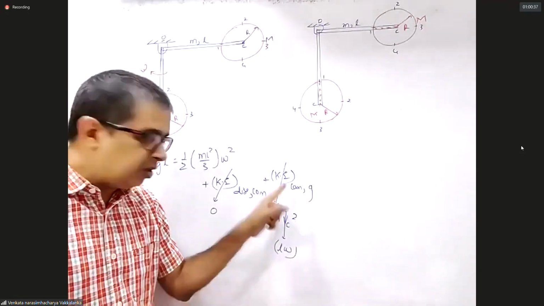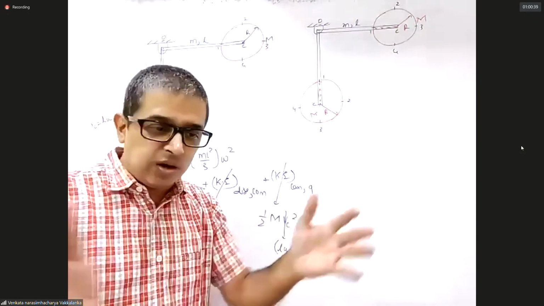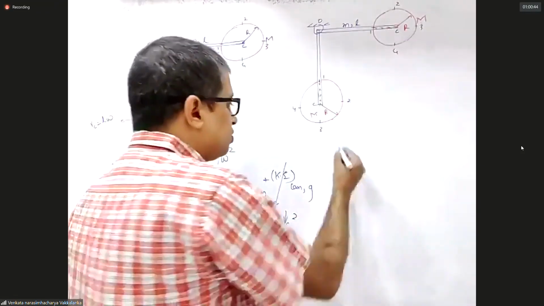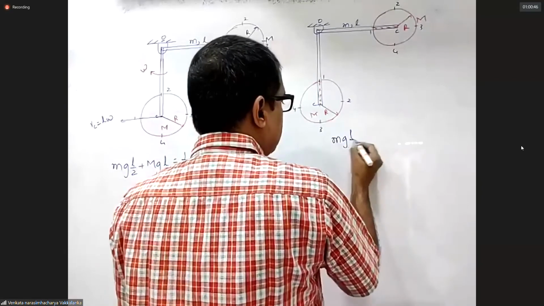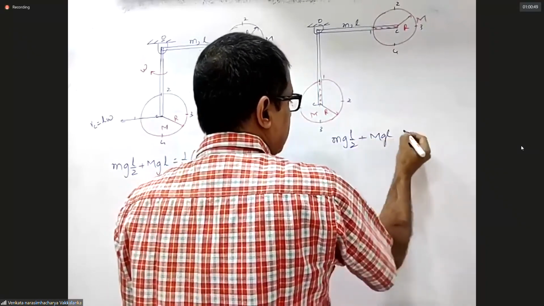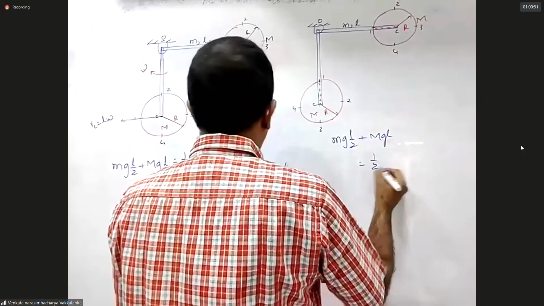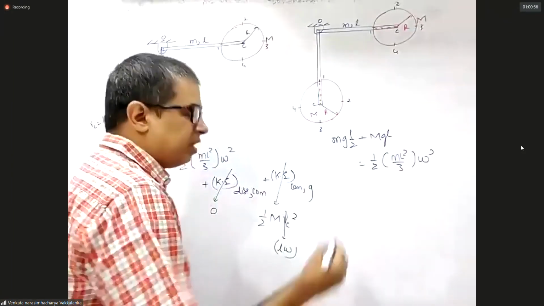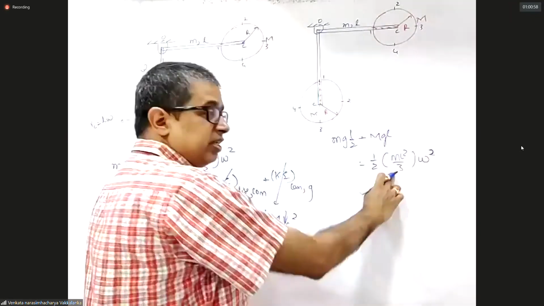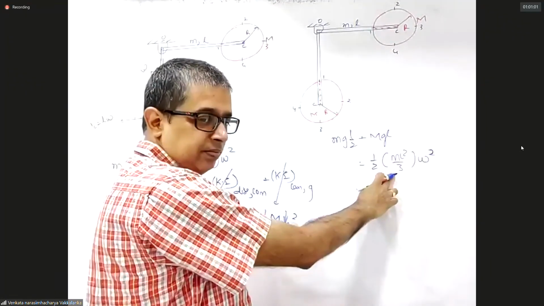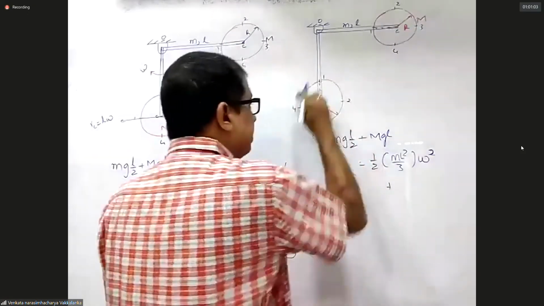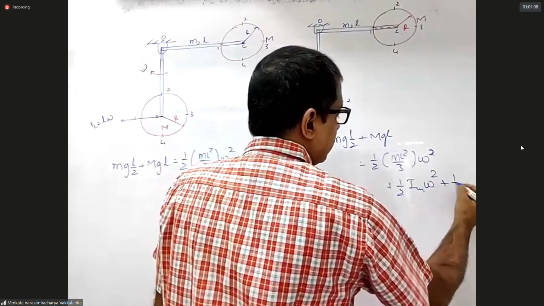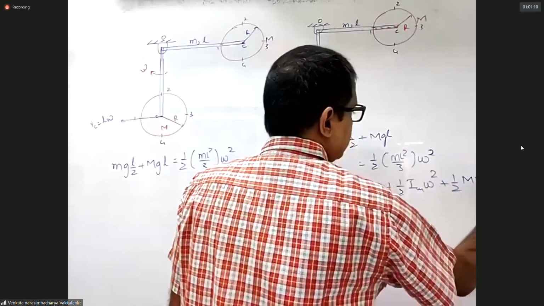What is kinetic energy of center of mass? Whole of the body is placed at its center of mass. Now in this case, it will be mgL by 2 plus capital MgL equal to half ML square by 3 into omega square. Till here, this is kinetic energy of what? Thin rod. Plus kinetic energy of the disk: half ICM omega square plus half capital M V square.